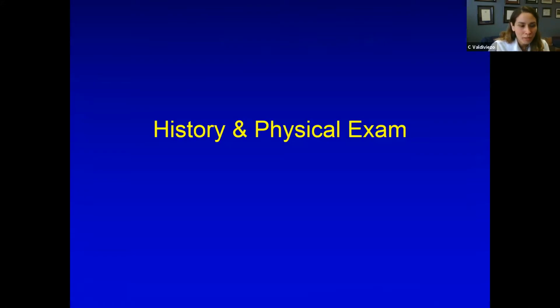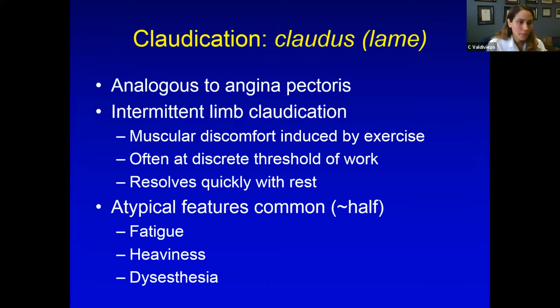Let's review the important components when we take a patient's history and perform a physical exam. So claudication is analogous to angina pectoris. Intermittent limb claudication can manifest as muscular discomfort induced by exercise. It's often a discrete threshold of work.